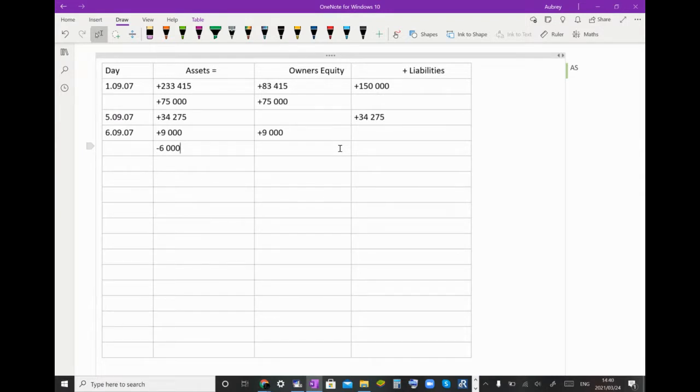They decrease what? Owner's equity. So owner's equity is also going to be affected. So negative 6,000. Sorted. So can you see? The first double entry was debtors control, which affects assets, and sales, which affects owner's equity. That was the first double entry.